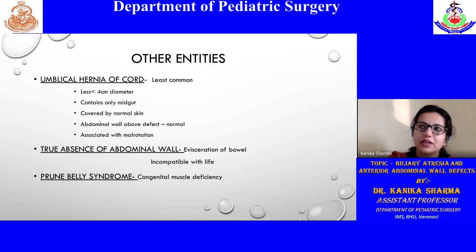One has to be very sure while clipping and twisting the umbilical cord that it does not contain any abdominal content. The other is the true absence of the abdominal wall, where the entire bowel or abdominal structures are just lying outside, and no fold develops. This condition is incompatible with life. Another very well-defined syndrome is prune belly syndrome, where there is deficiency of the muscles.